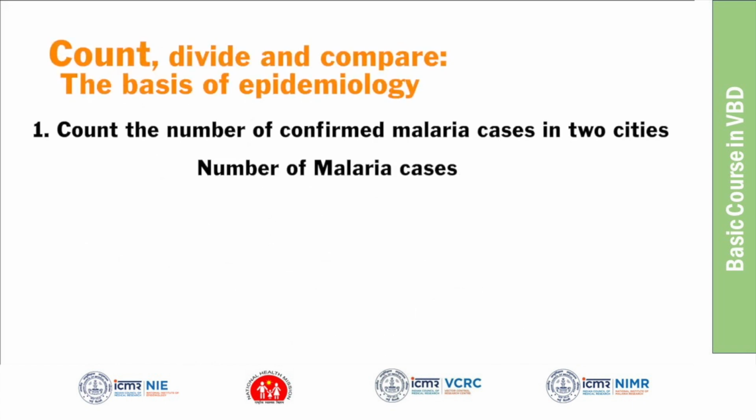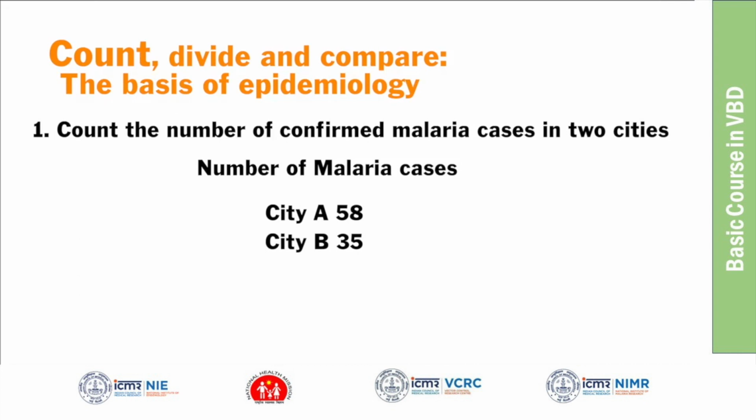One of the bases of epidemiology is to apply the principle of count, divide, and compare. This is very important because epidemiology, as we said, deals with populations, so we need to have denominators. Therefore, we use the principle of counting the number of people affected with a particular problem, then dividing by an appropriate denominator, and then making comparisons.